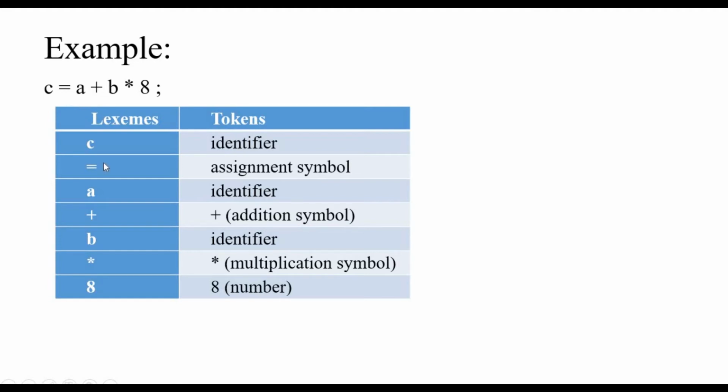Then equal to is the assignment symbol, A is an identifier, plus is the addition symbol, then B is an identifier, star is the multiplication symbol, then 8 is a number. You can write any example for a source program.